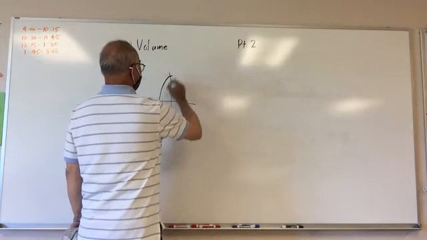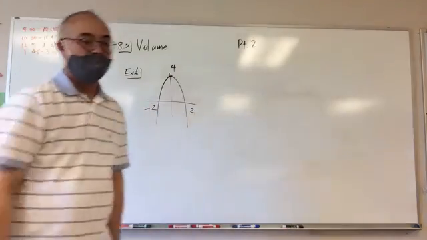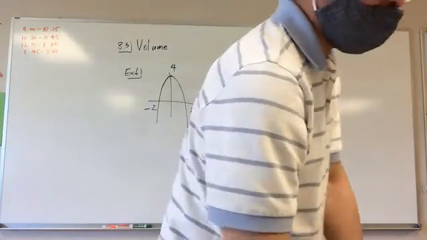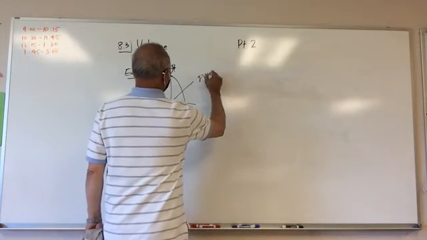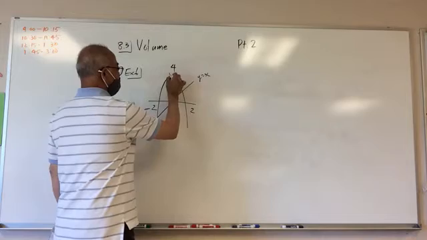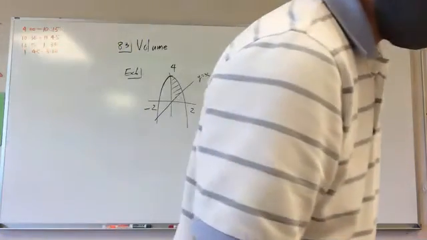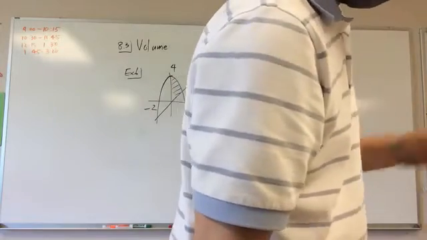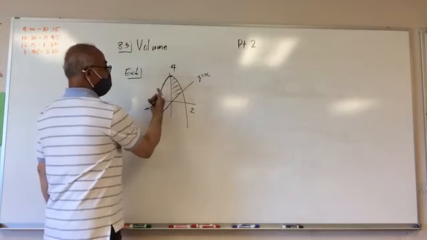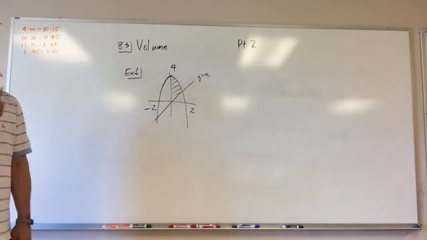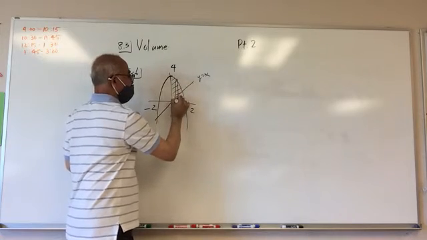Here is 4 minus x squared, with 4, 2, and negative 2. And then y is equal to x. So it's this region right here. It's going to rotate around the y-axis, and then we're going to do the cylindrical shell, which means you're going to have something like this.